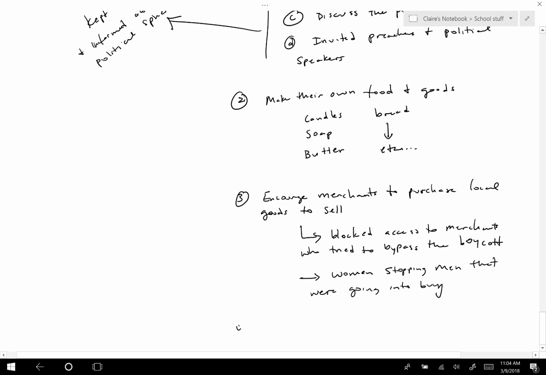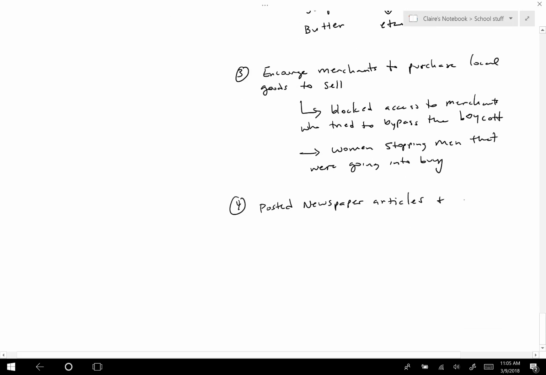And then lastly, they also posted newspaper articles on the subject, and they had competitions to encourage it to continue over who produced the most homespun goods.